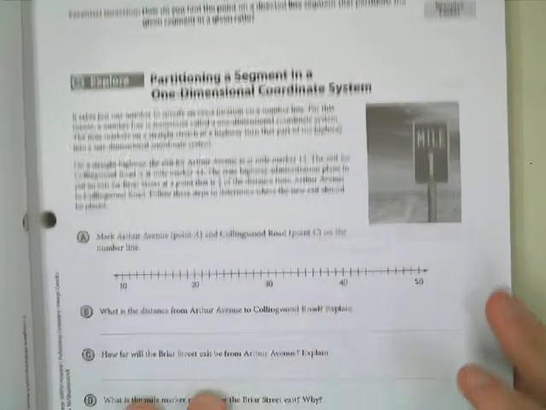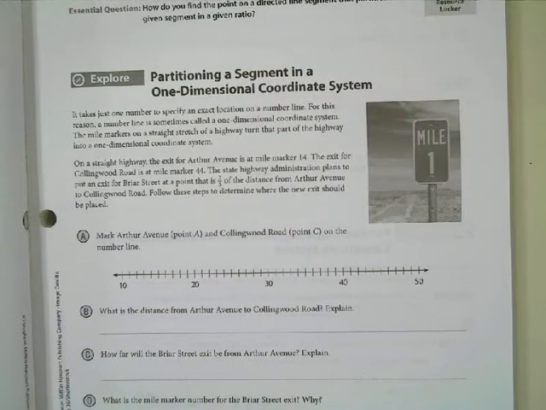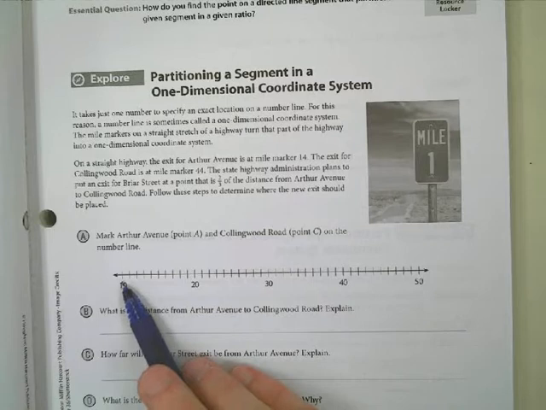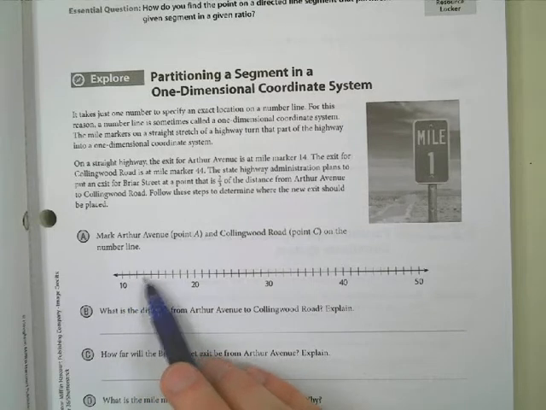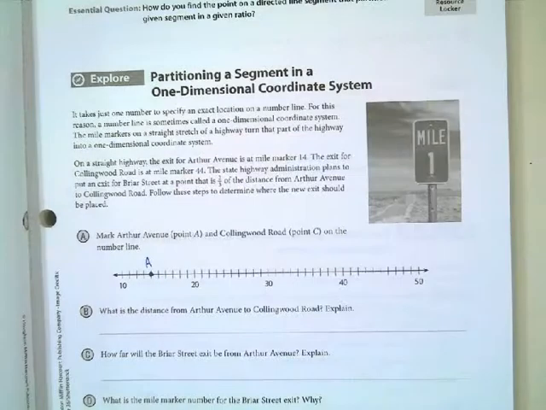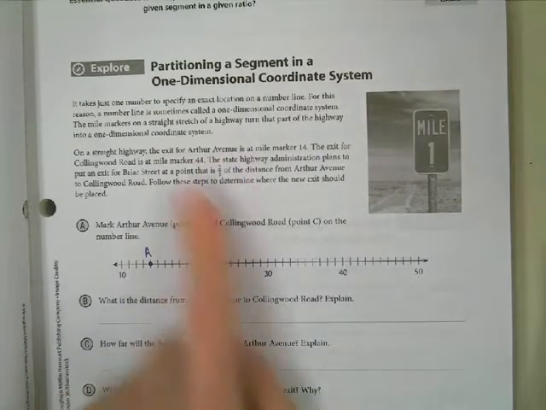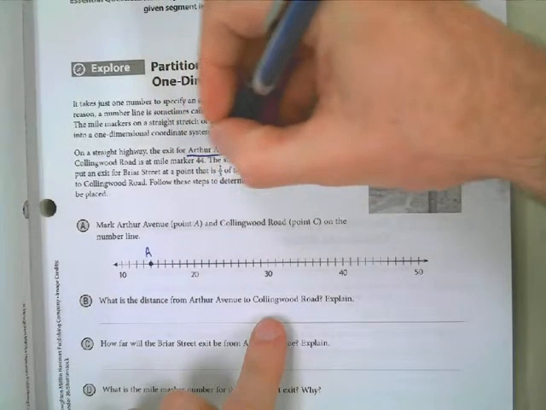So here's our number line. We can see our mile markers here. Arthur Avenue was at mile marker what? 14. So on our number line, there's 10, then 11, 12, 13, 14. This right here is going to be point A. We were told that Arthur Avenue is at mile marker 14.